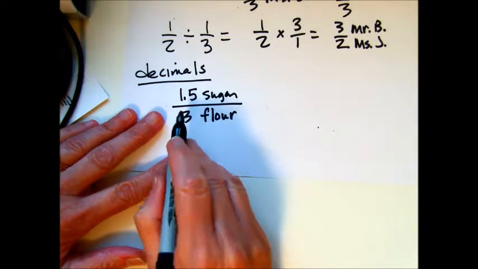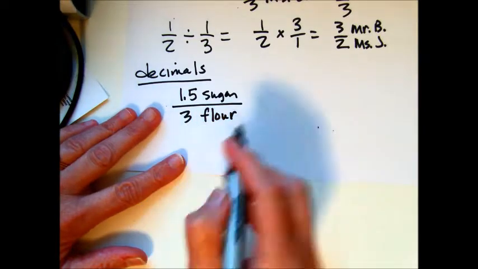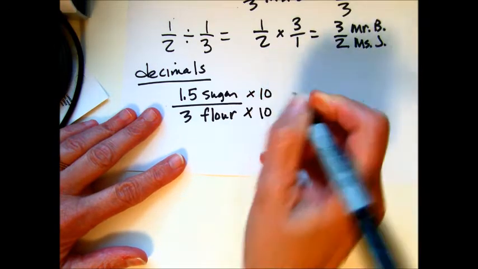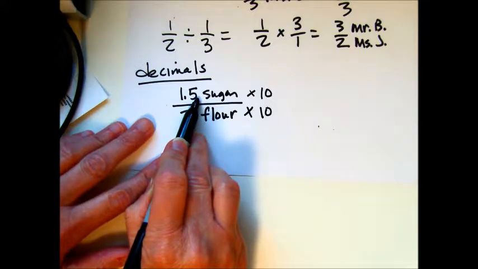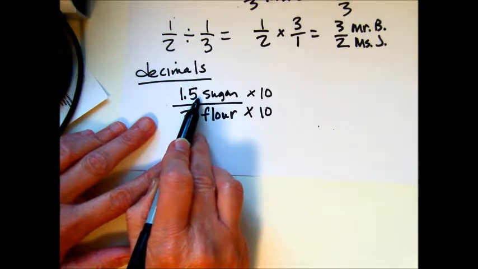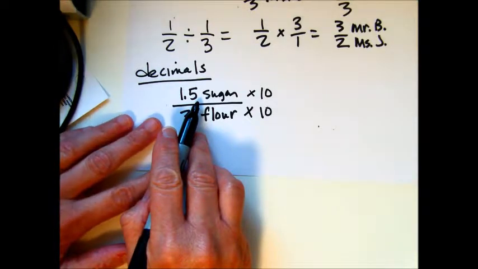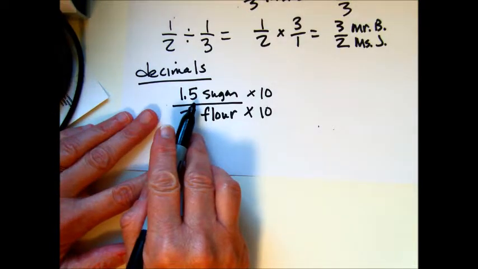So I want to multiply both terms by the same number. I'm going to multiply by 10, because if I move it over one space to the right, that's essentially multiplying by 10. And if you're a little confused by this, go back and review my video lesson on multiplying decimal numbers by 10, 100, 1,000, and so on.